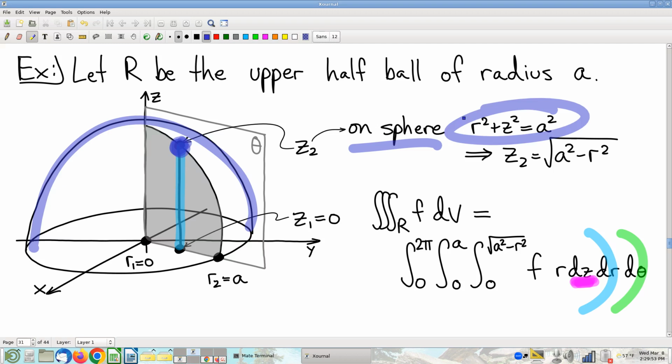And flashbacks to chapter 1. This is the equation of a sphere. And now a reminder, wait, what am I doing here? Why did I write that down? Well, because I'm looking for z bounds. And so this z right here, I've got to solve for that z, and I get the square root of a squared minus r squared for our upper bound. Is that good?